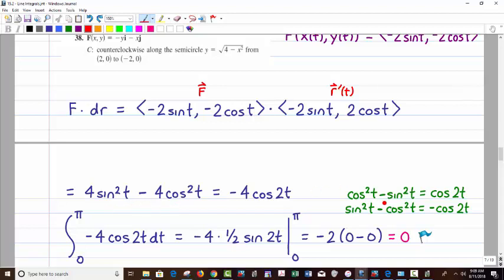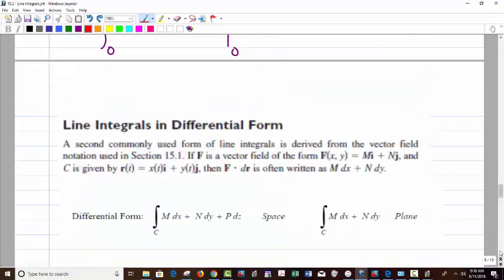But what I did was I recognized the identity here. If cos squared minus sine squared equals cos of 2t, I knew that sine squared minus cos squared, if you reverse them, is just the negative of it. And of course the 4 is just the coefficient, so the 4 goes right over there. I just happened to notice this, and that's an easy term to integrate. But you could have done it if you had not noticed that little shortcut.